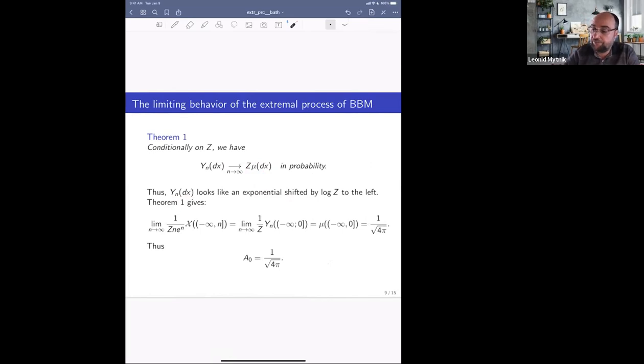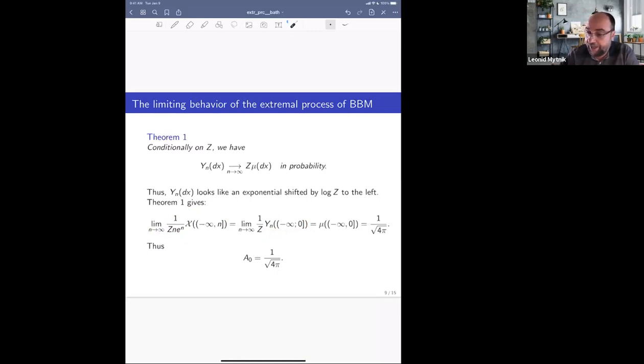And so theorem 1 immediately gives us that this quantity, which was studied in the paper of Cartinius, Hartung and Louis, has a behavior that is exactly the limit of the mass of the measure yn on the left half of the real line, divided by z.